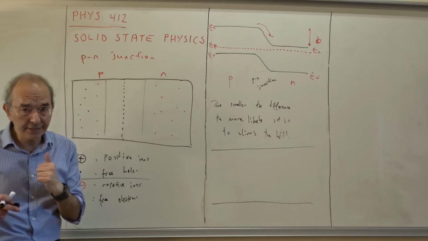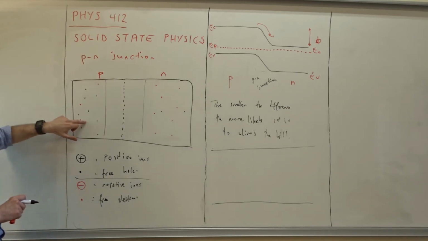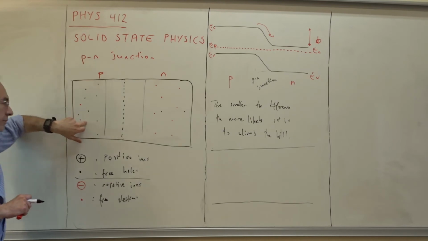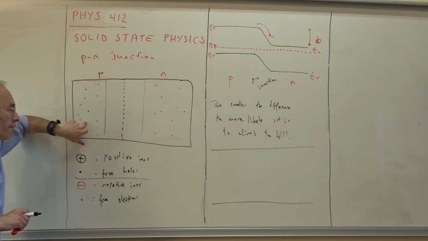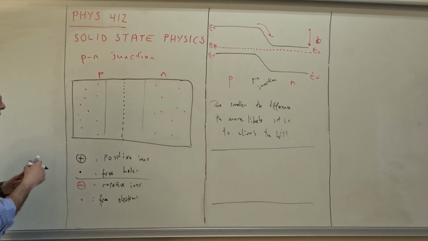What about the ions? In this case, we have what? Free holes means some atoms have gained electrons, so there are negative ions here.